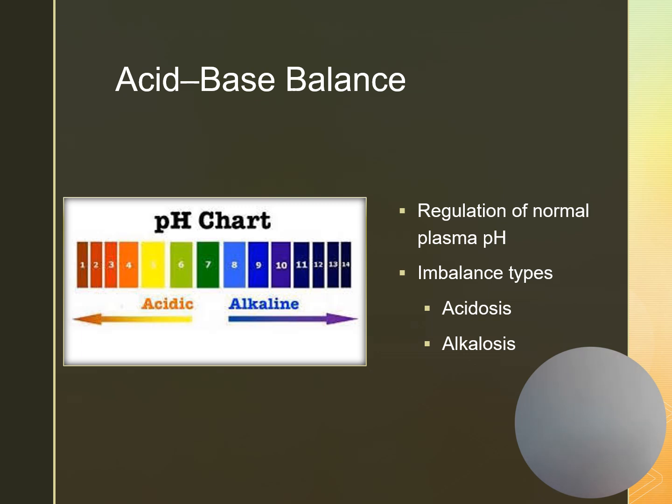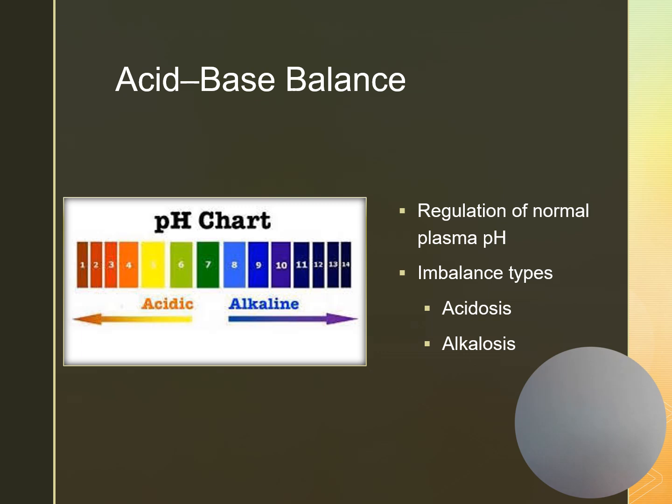Chemical regulation will be accomplished by adding or removing hydrogen ions, and organ regulation is accomplished by the kidneys regulating bicarbonate levels, while the lungs help regulate the carbonic acid levels. So basically, carbon dioxide is an acid.